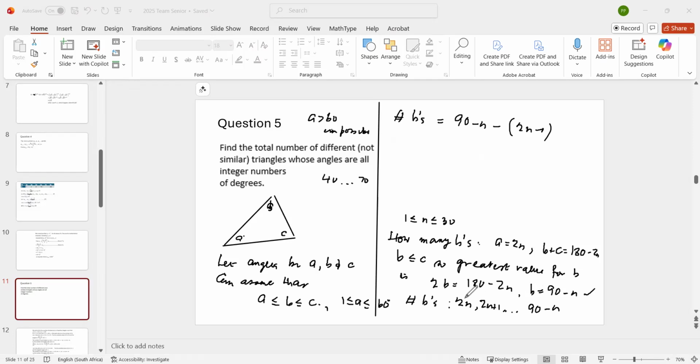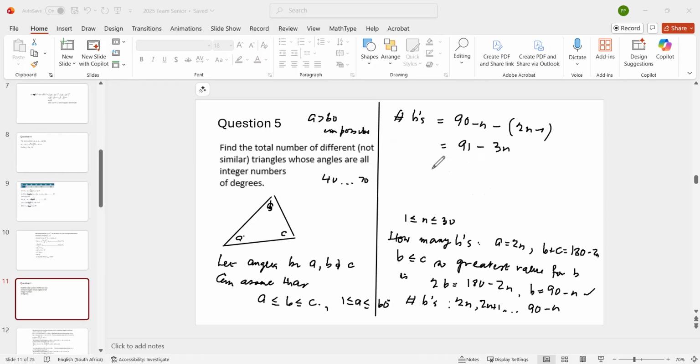And we had 70 minus 39, and that gives you 91. 90 plus 1, 91, minus n minus 2n is minus 3n. Now we had the number of B's was 31, because in our case A was 40, so n was 20. 20 times 3 is 60. 91 minus 60 is 31. So we're on the right track. So the number of B's is 91 minus 3n.